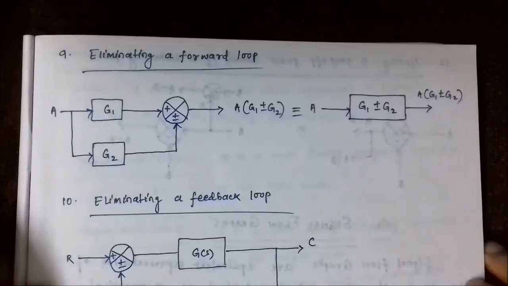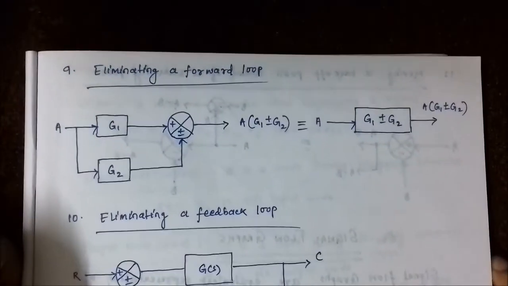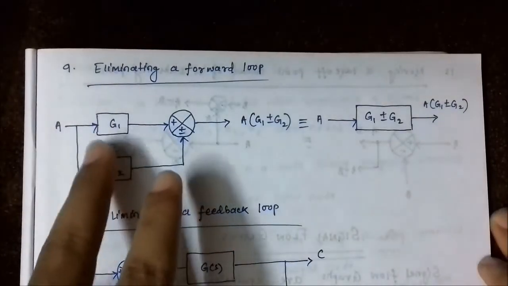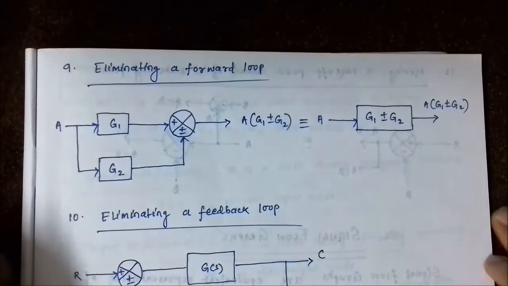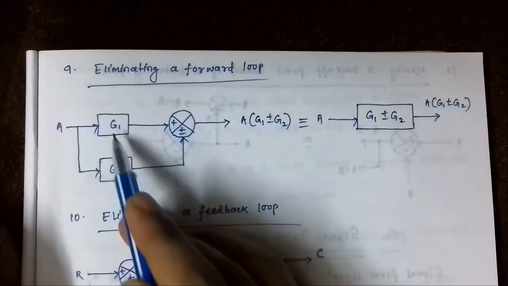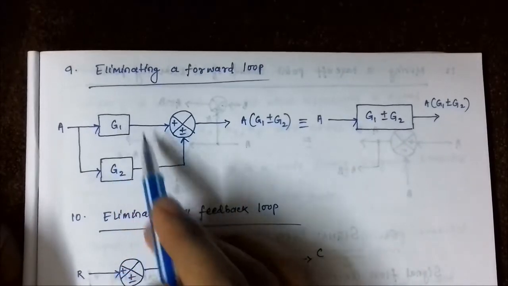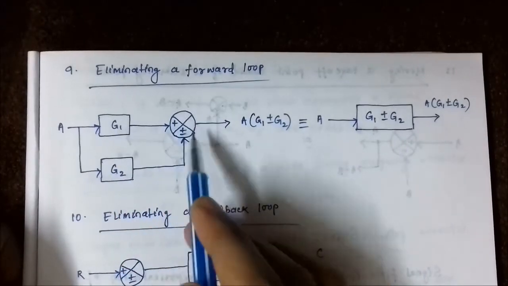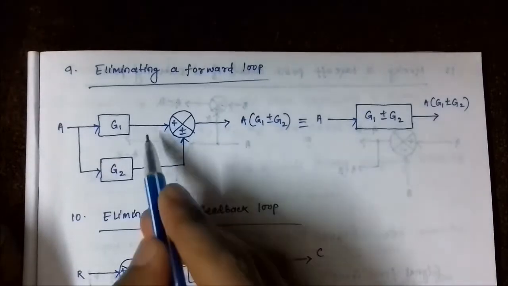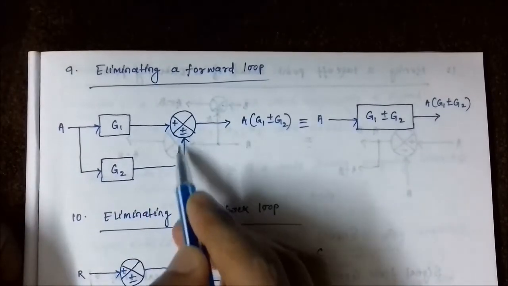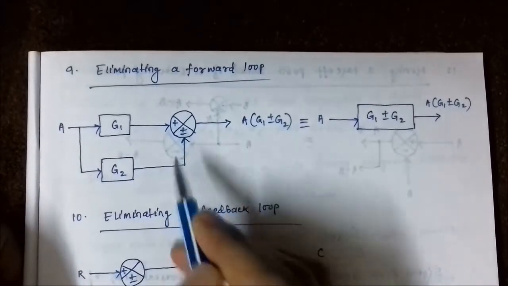Then there is the forward loop elimination. Whenever you find a connection like this, in which there are two blocks in the forward path connected to a summer, look at the direction of the arrowhead: it's forward, it's not backward.